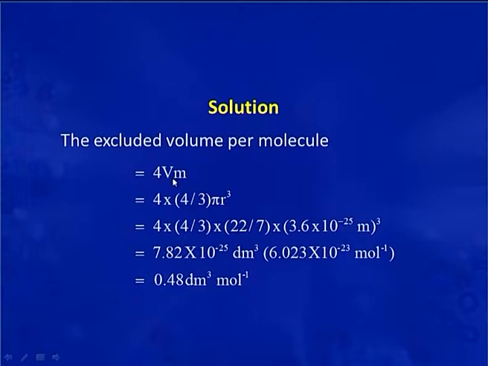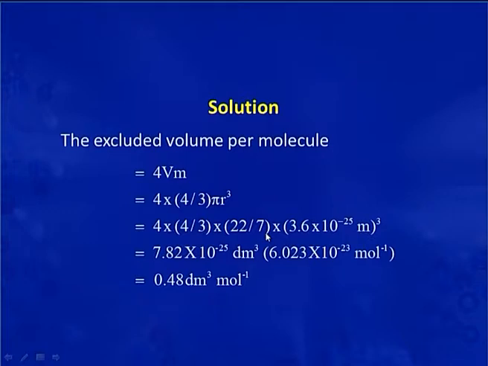As you know, the excluded volume per molecule is 4 into the actual volume of the gas. So, that is, b is equal to 4 into Vm. We can write it mathematically as 4 into 4/3 pi r cube. The value of r is given in this numerical, so you can put it here.